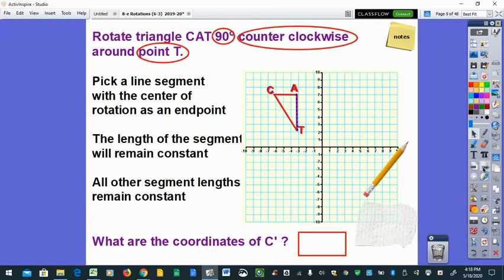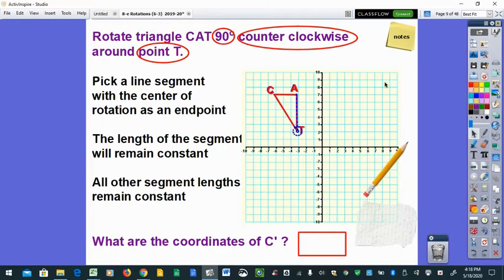So I have just a couple more here that we can try together. And again, if you want to stop and try them, or you can continue as we talk them through. So I've got triangle CAT. I'm going to put a pin in T so it doesn't move, and you're going to see me do that by putting the rotation tool.